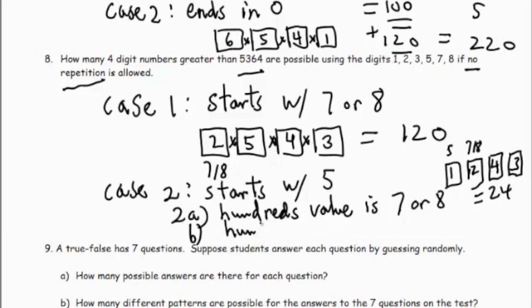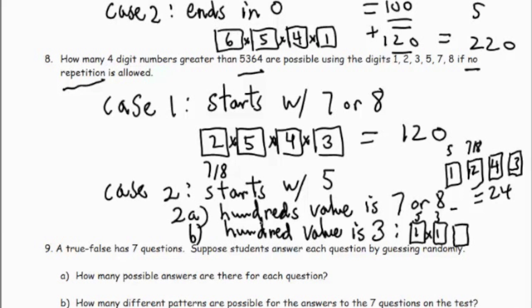The other case, though, is where the hundreds value is actually 3. In this case, we have 5, 3, and then what are we left with? So 5, 3, this is 1, 1, only one way of doing each of those. Well, here, this number now has to be 7 or 8 to be bigger than the target number.